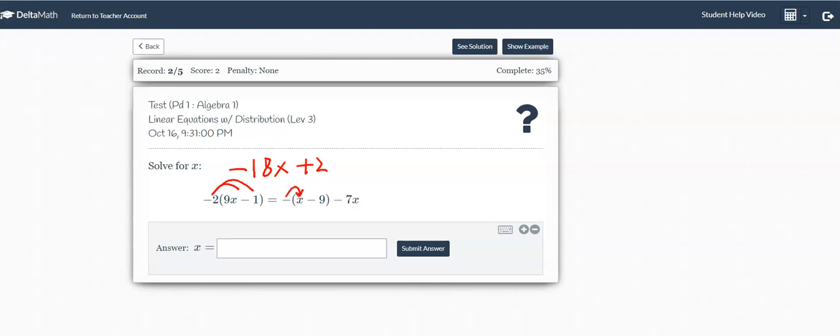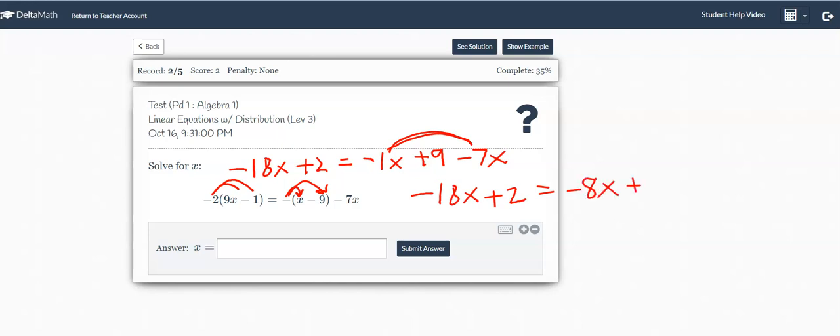And over here, I'm going to get a negative 1x, and here I'm going to get a positive 9. I'm going to write that negative 7x at the end. Combining like terms if you can. So now my sentence will be on the left, nothing changes. But on the right, I'm going to get negative 8x.